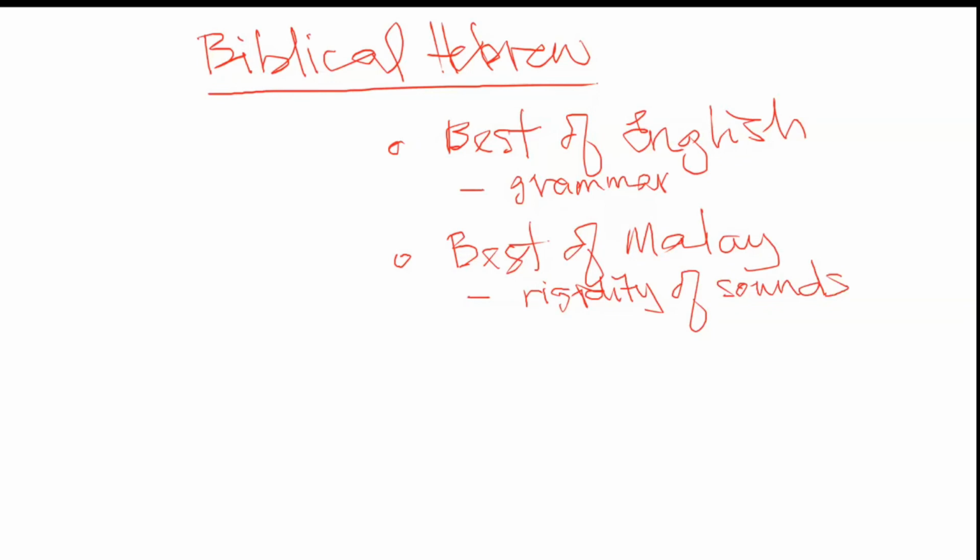The Malay language has a very rigid way of making sounds, or what we call syllables. And the Malay language doesn't change. When you add a sound to it, the sound is just added, and the word will be pronounced exactly the way you look at the word.